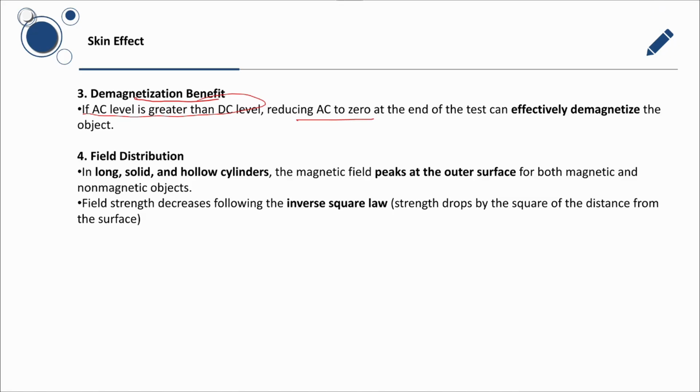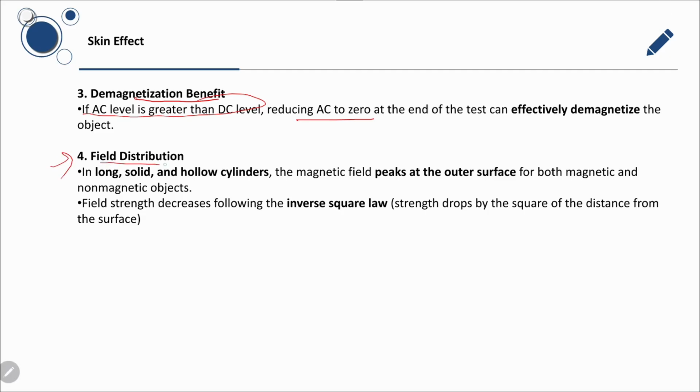Already we saw how magnetic domains are oriented. This process effectively demagnetizes the object, removing any residual magnetism left after the testing.